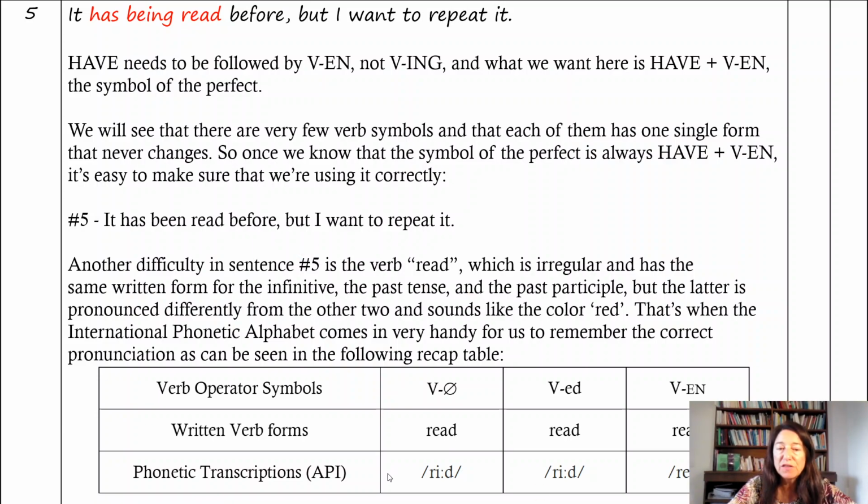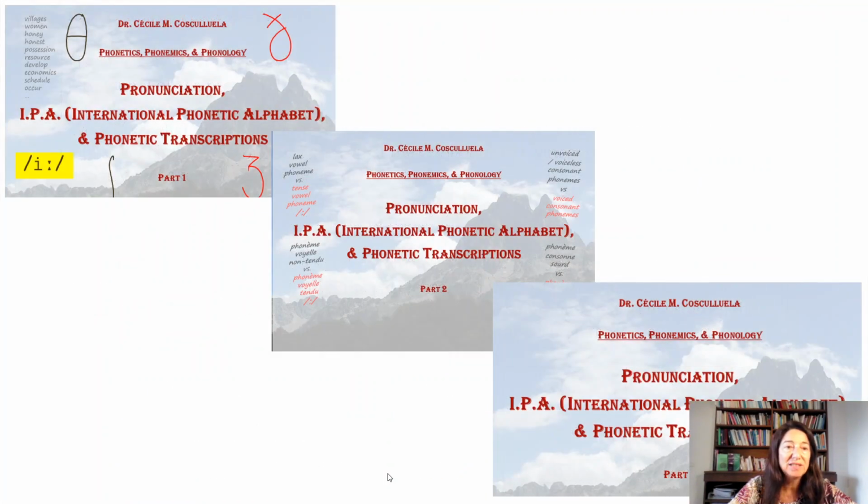And you can work on the International Phonetic Alphabet with the videos that I have posted online. The first one is an introduction to make you understand how important it is to pronounce words correctly, and the fact that you can't rely on the spelling for that. There are quite a few examples in there for you to test how good your pronunciation is.